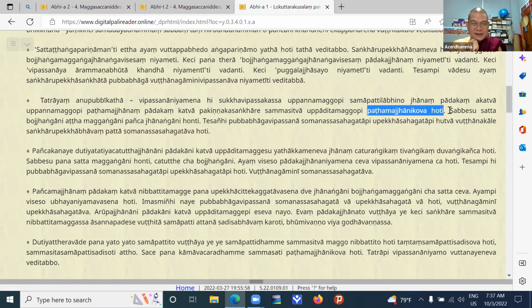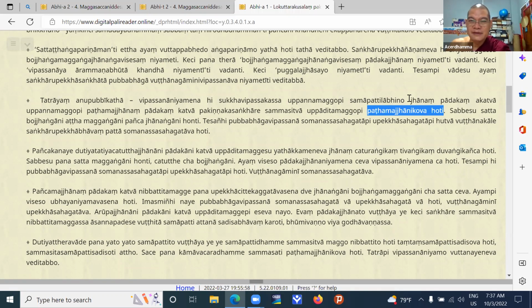No, Sayadaw, for me, before this lecture, my understanding of saying jhanang parakang akatoa is he has not entered into jhana. Oh, you understand so? Yes.